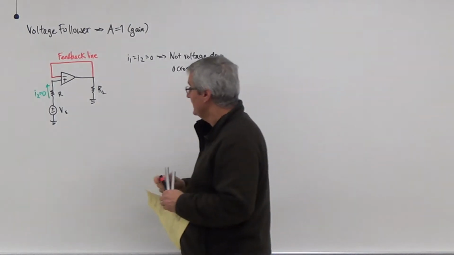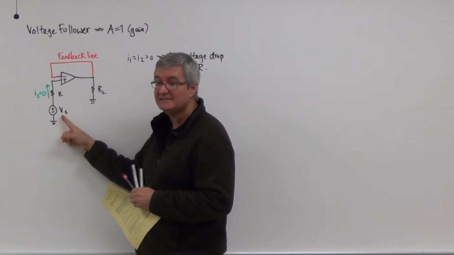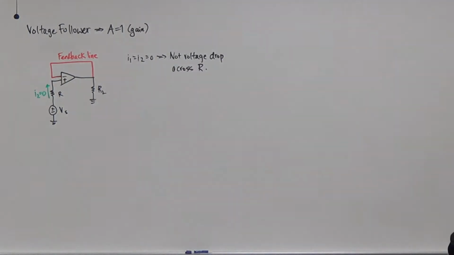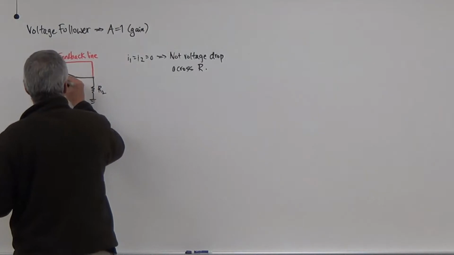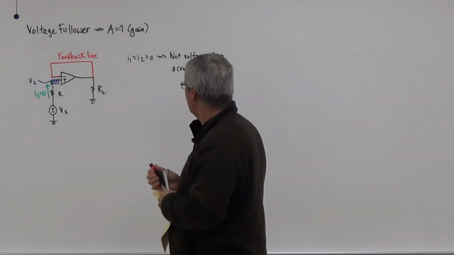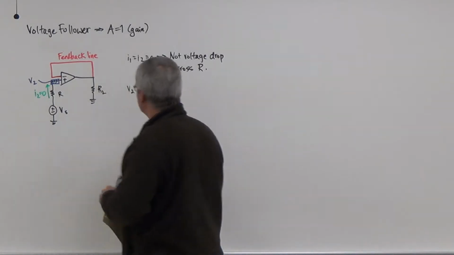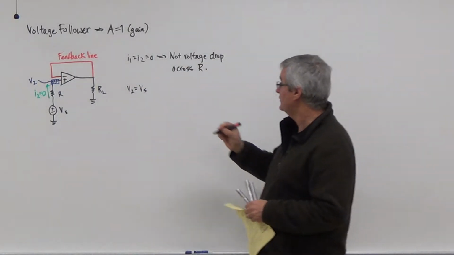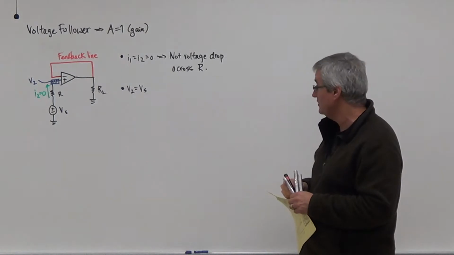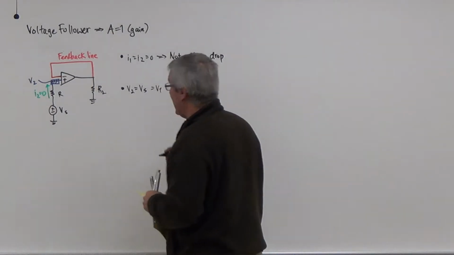So this node, V1 or V2, must be the exact same voltage as across this. Then I look at that second condition, and it says that V2 must be equal to V source. Right? So the first condition is this one right here. The second condition is this one. And according to the ideal op-amp model, it immediately tells me that it must be that.